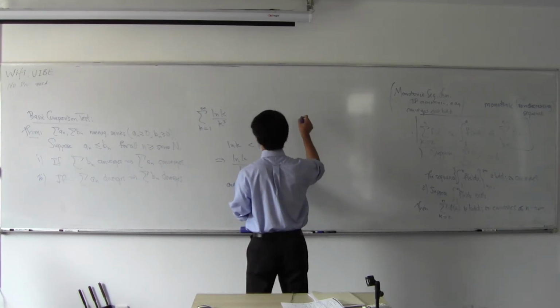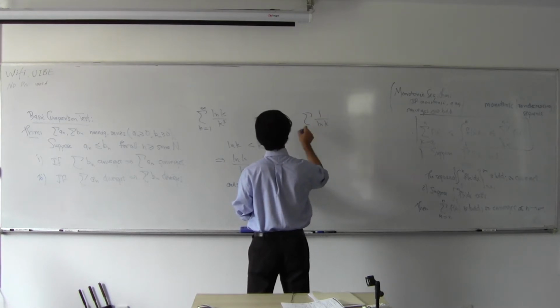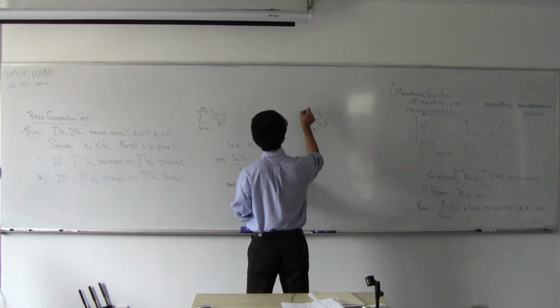Okay, another example, or maybe I'll let you try it. 1 over natural log of k, from k equals 2 to infinity.